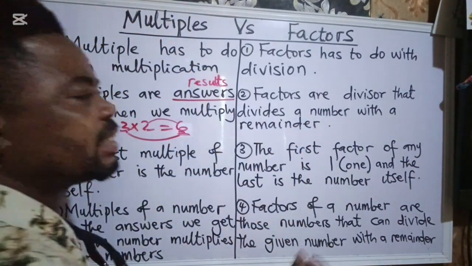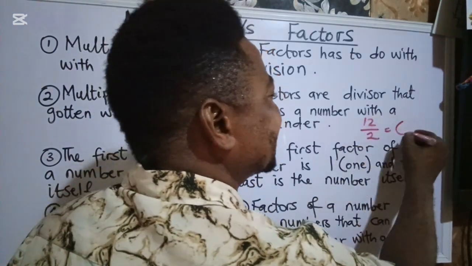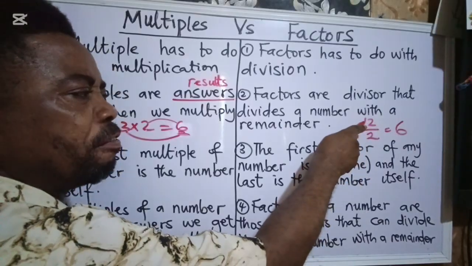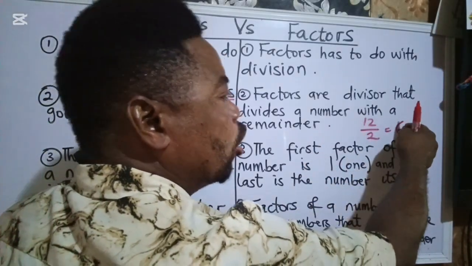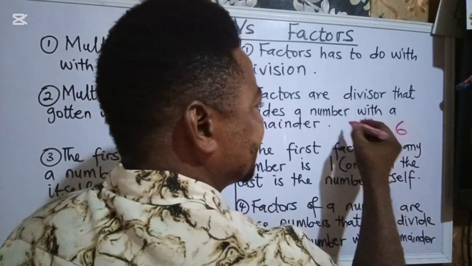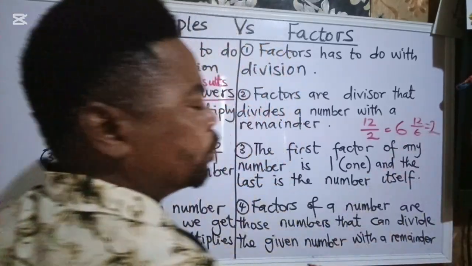So if I say 12 divided by 2 and my answer is 6, that means 2 is a factor of 12 and 6 also, because I can still use this 6 to divide 12 and it will give me 2. I can say 12 divided by 6 and I'm going to get my 2.